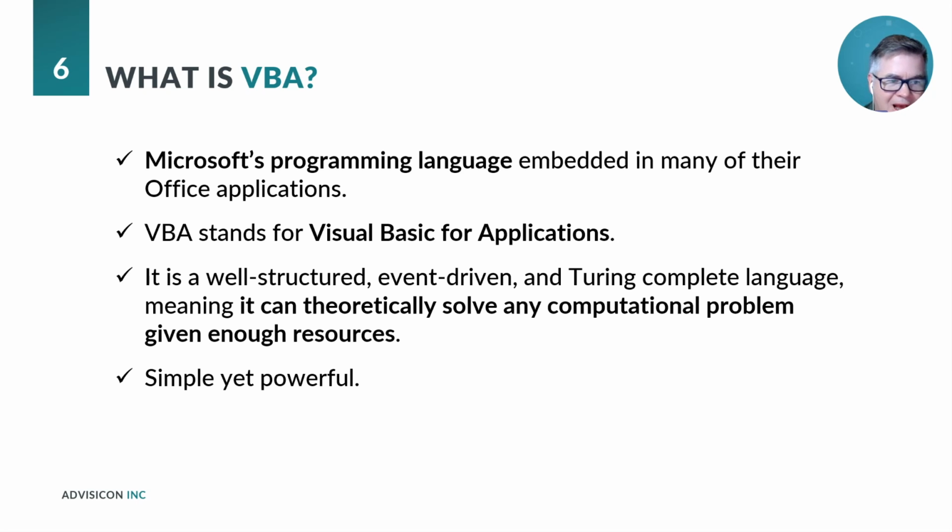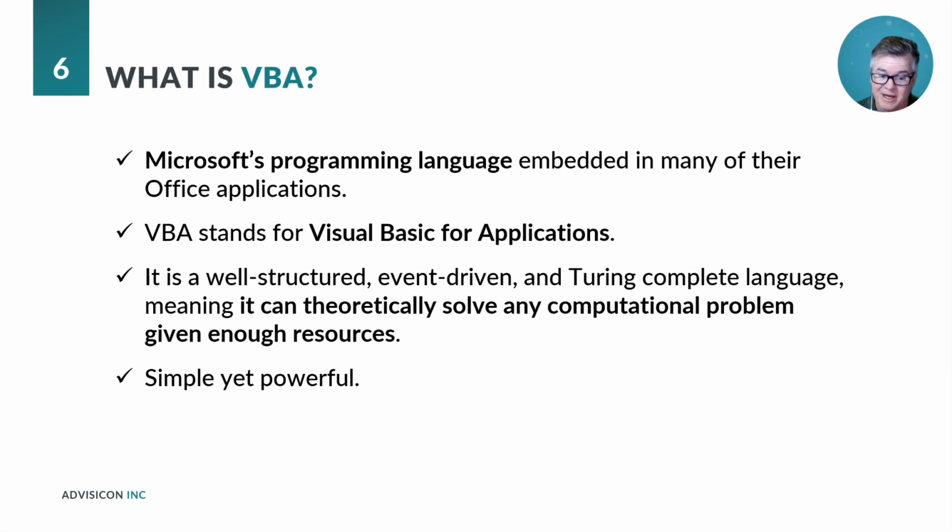What is VBA? VBA stands for Visual Basic for Applications. It's a programming language that's built into many of Microsoft Office's applications. You can think of it as the engine behind automation tools like Excel, Word, and in our case, Microsoft Project. VBA is simple yet powerful.